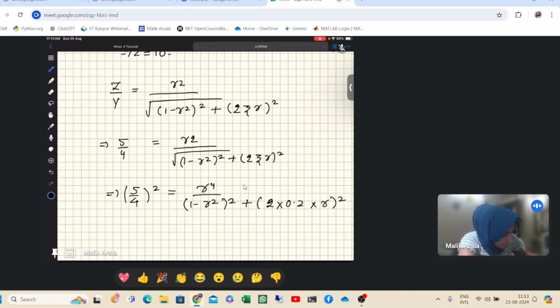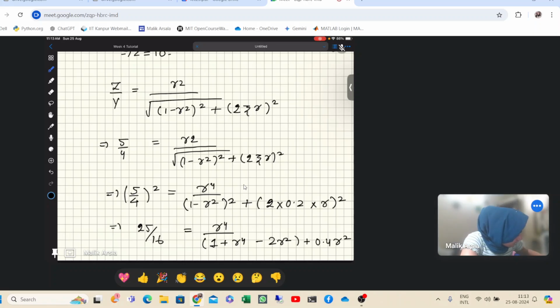Now from here you can see it will be 25 by 16 is equal to r to the power 4 upon 1 minus r square whole square, which will be 1 plus r to the power 4 minus 2 r square, and it will be plus 0.4 squared r square. I can write it like this only.